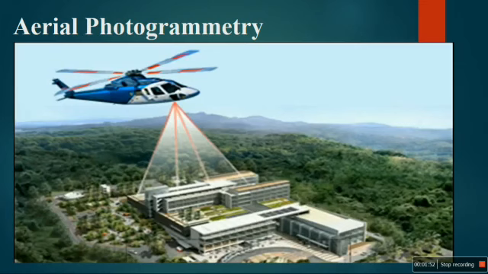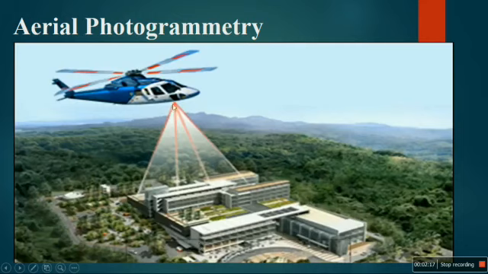Aerial photogrammetry is the branch of photogrammetry where the photographs are taken by a camera mounted on an aircraft flying over the area. For example, suppose we have to measure this area.